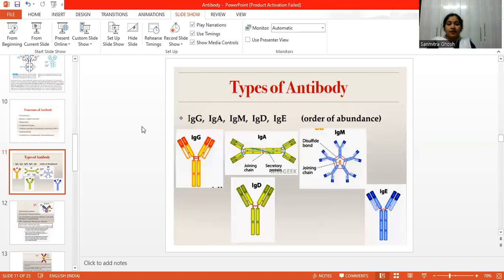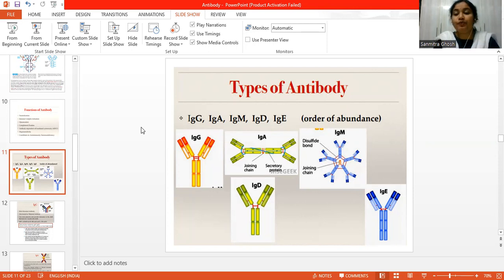For that, again, I'm going to share my screen with you. Yeah. So I have shown you this particular slide in our last session also. So we will begin from here with the names of the different types of antibodies which are normally present in the body of the human.